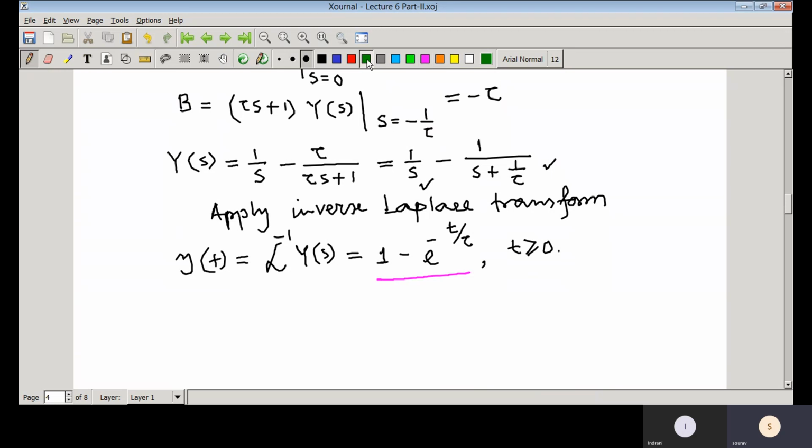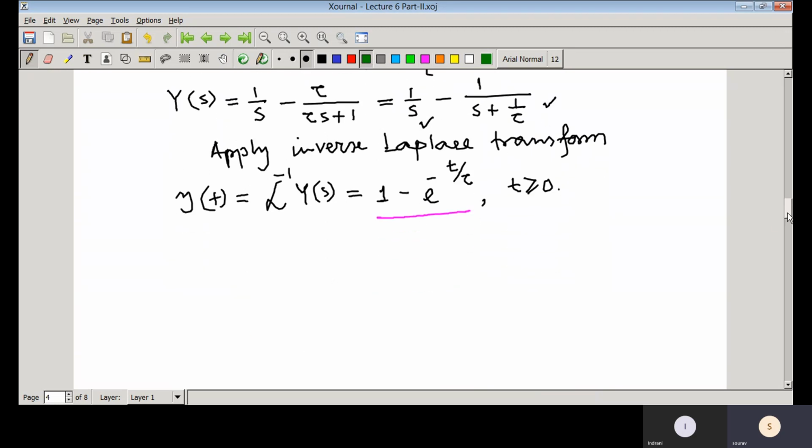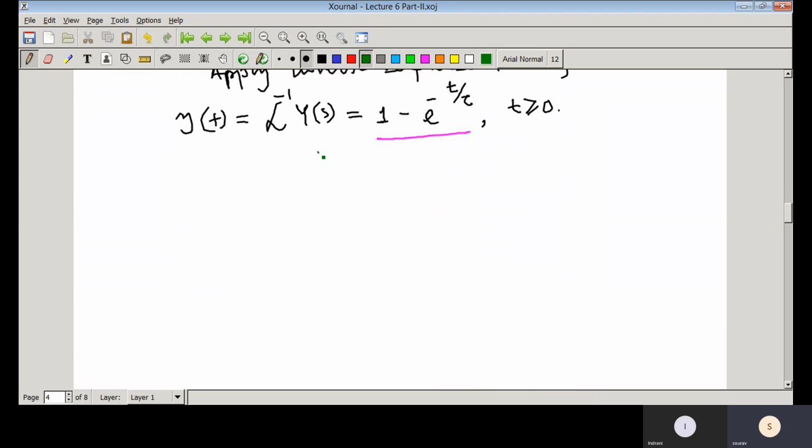So if you plot it, then what will you see? So this is your time t and this is your y(t). So you have applied that unit step function, so that is 1.